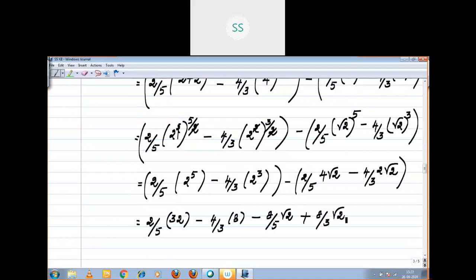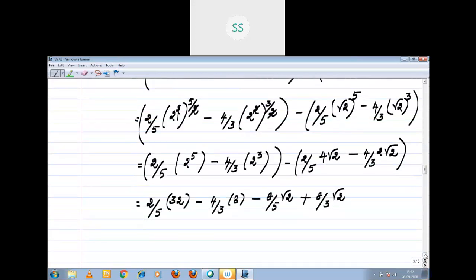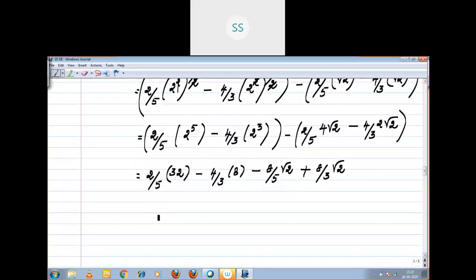Got it? Now I am going to take the LCM. What is the LCM here? 15 is our LCM.